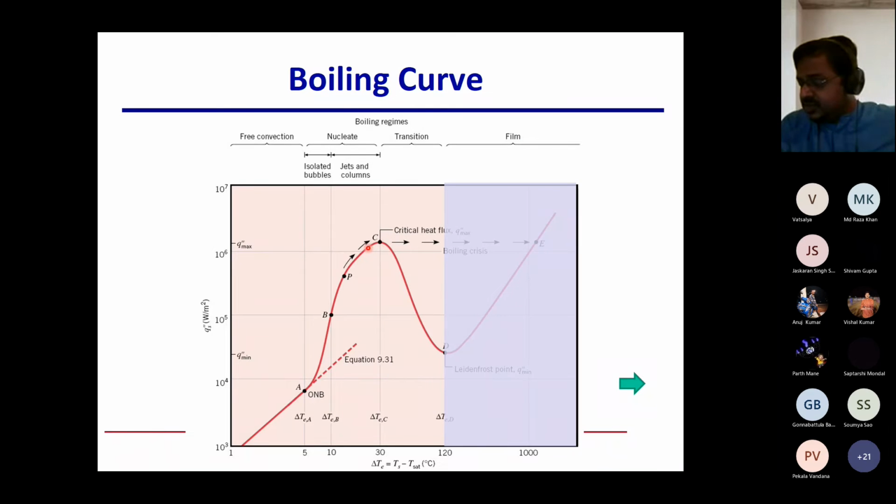So over here, as you can see, there's a maxima in the amount of heat that I can transfer, and it is called the critical heat flux. After critical heat flux, you have this transition to film boiling, where heat transfer gets retarded, which is what we see by this downward curve.